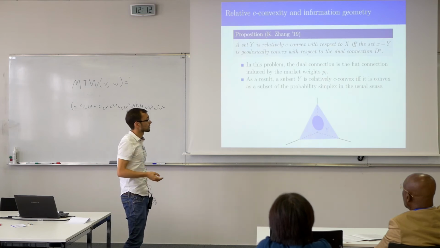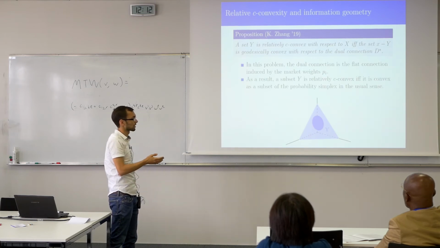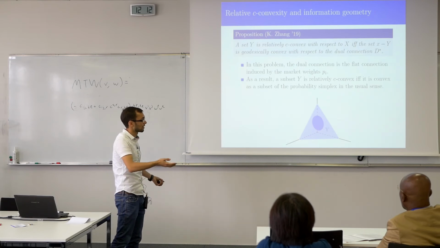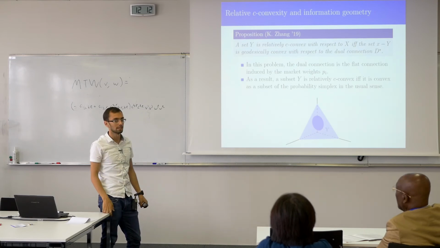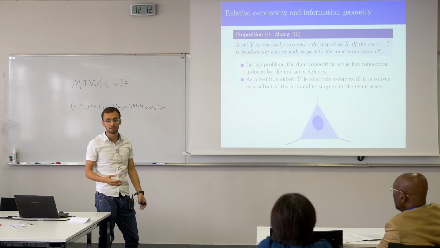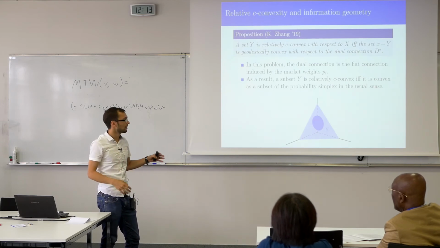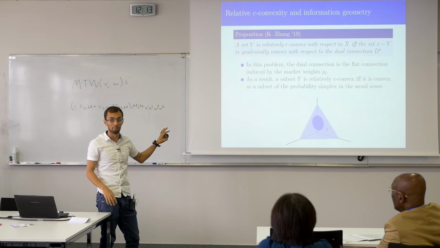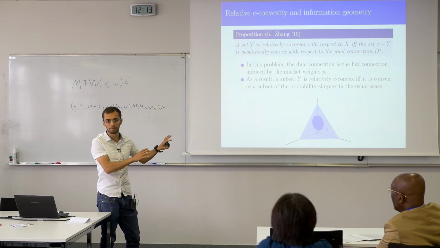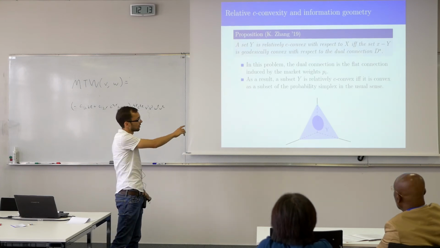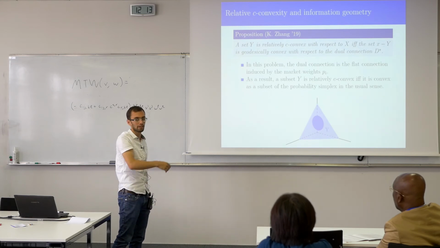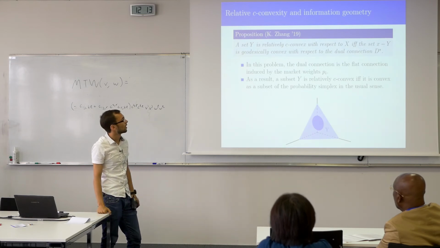So as a result, a subset Y is relatively C-convex if and only if it's convex as a subset of the probability simplex in the usual sense. So for this example, relative C-convexity is actually much, much simpler. This is something very special about this cost function. It's just that it's convex in the usual sense.